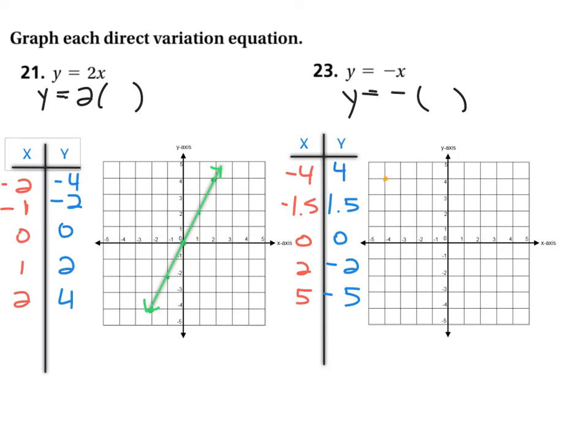That's right there. And I picked that number in particular just to show you that you could really pick anything. You could plug in anything, and it'll give you an output that should be on the line. Any real number works. 0, 0, that's right there. 2, -2, that's right there. And 5, -5, that's right there.